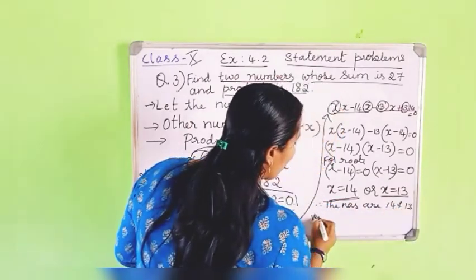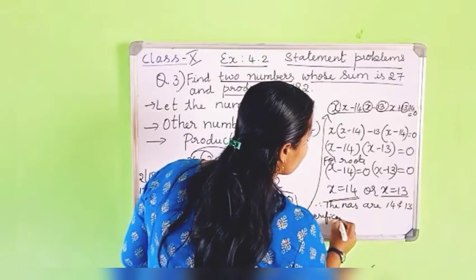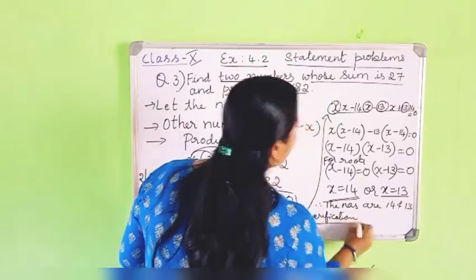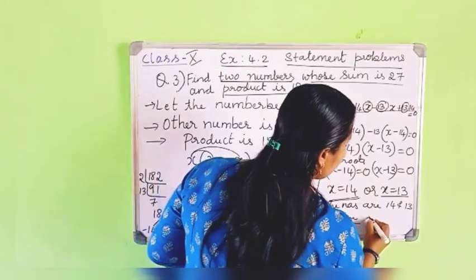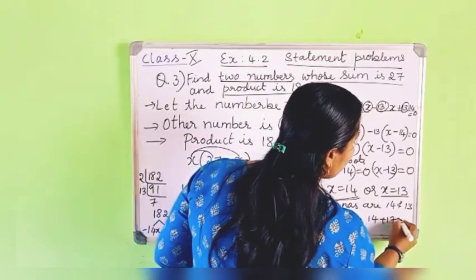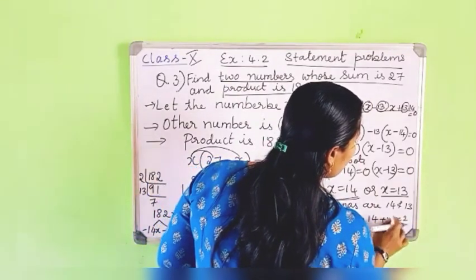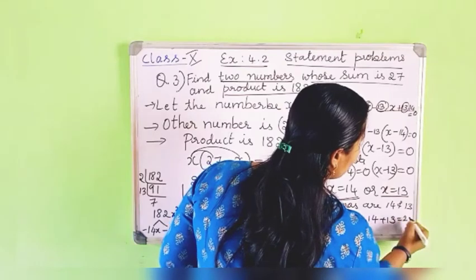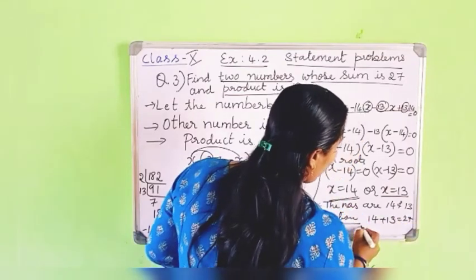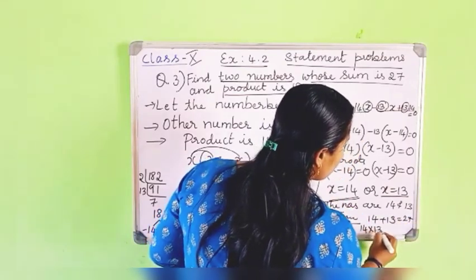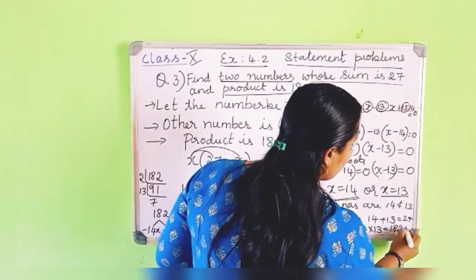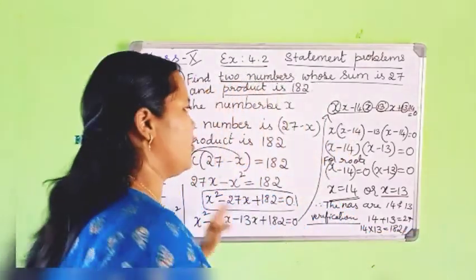So you can verify also by your answers. They have given the sum of two numbers is 27, right? The sum of the two numbers is 27 and the product of the two numbers is 182. Therefore, our answers are perfect now.